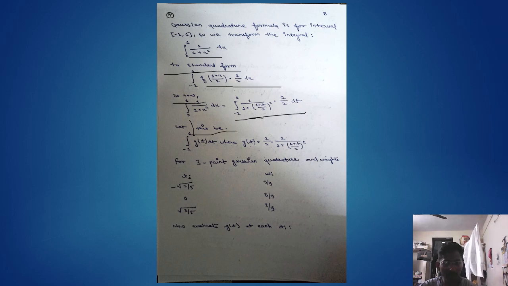This is the integral from -1 to 1 of y of t dt, where y of t is given, using the 3-point Gaussian quadrature formula and the weights.